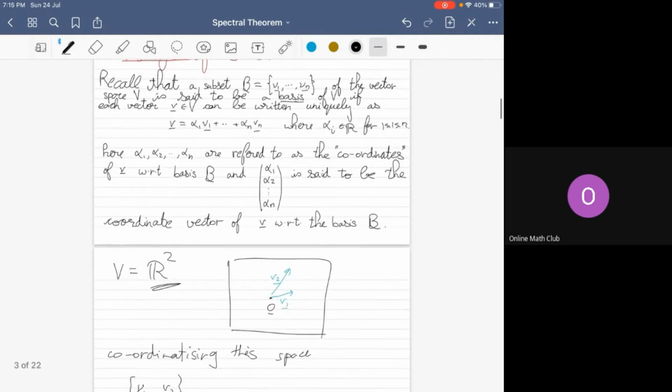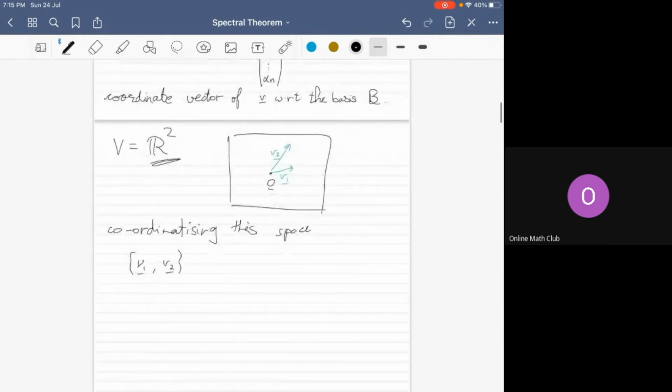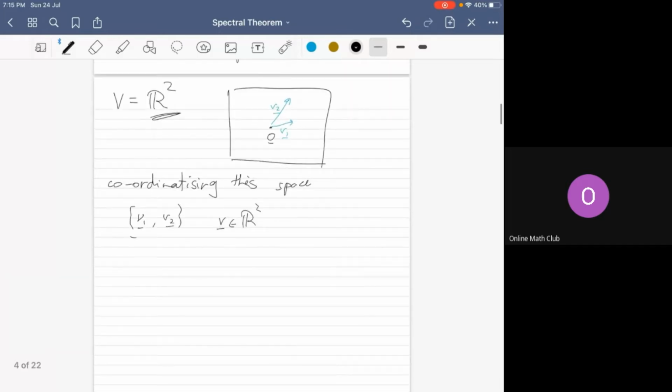as in for every vector V in R square, by the definition of V1, V2 being a basis, there exists unique alpha 1, alpha 2, so that V is alpha 1 V1 plus alpha 2 V2.